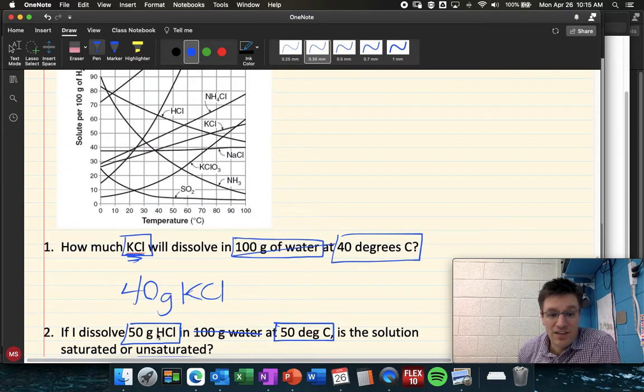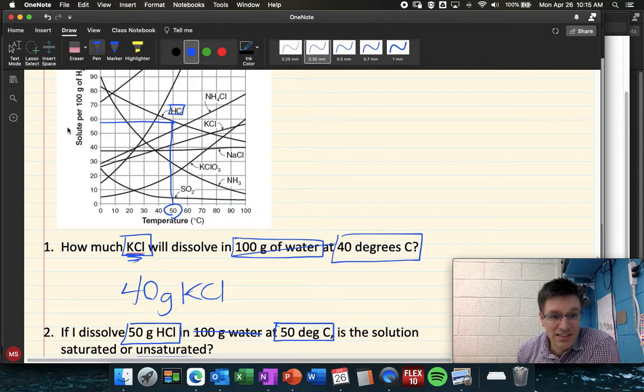So let's find HCl. Here's HCl. And we're going to follow this line right here. We're looking at 50 degrees Celsius. So again, I'm going to follow that line up to HCl, and then I'm going to trace over here to the left.